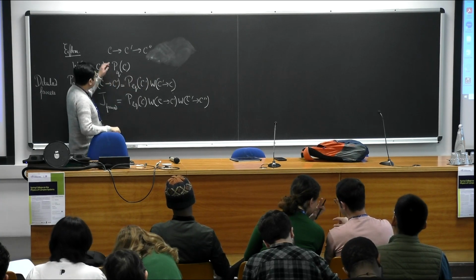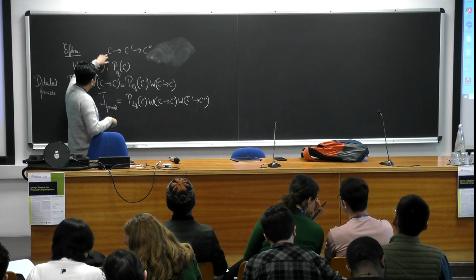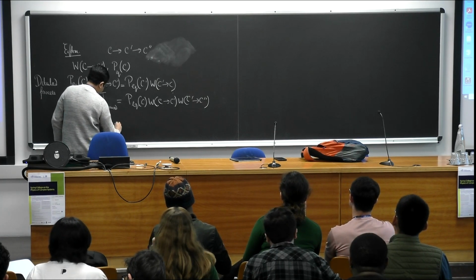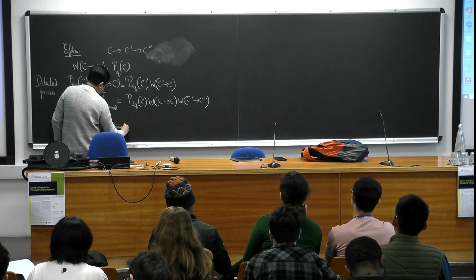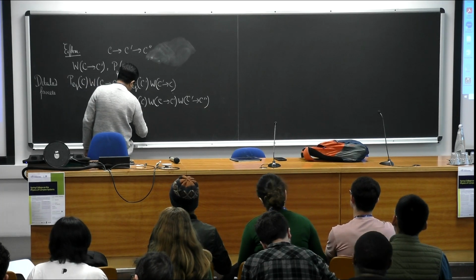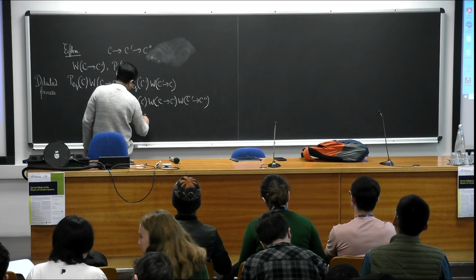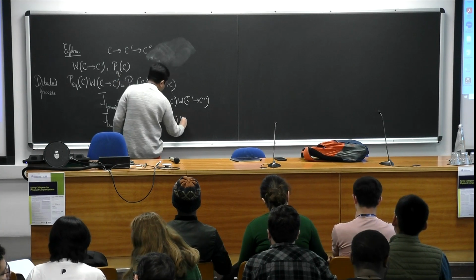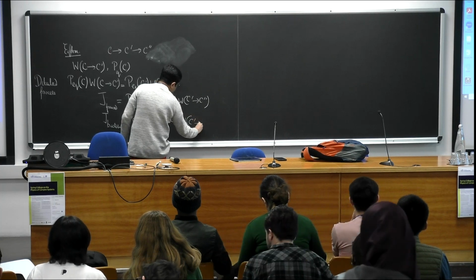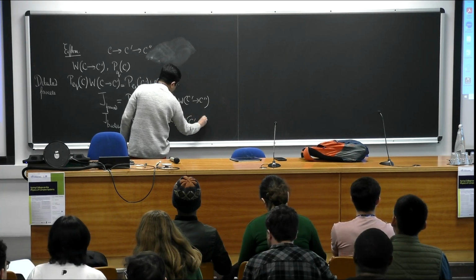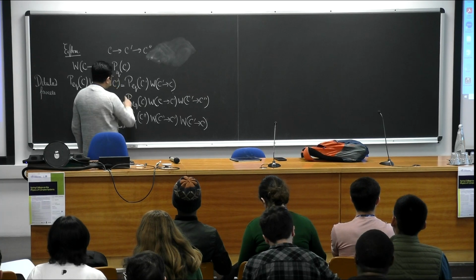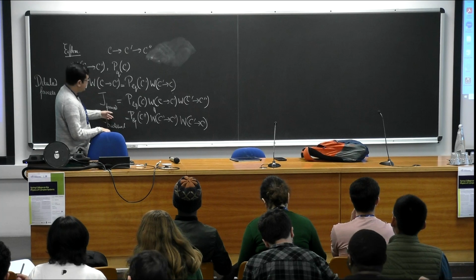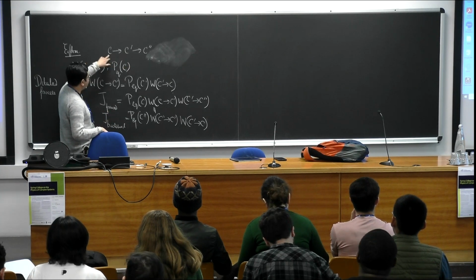So this is the probability current in this direction, and the backward current will be the other. When the detail balance condition is satisfied, these two things are exactly equal to one another. That is to say that you cannot have a net probability current.